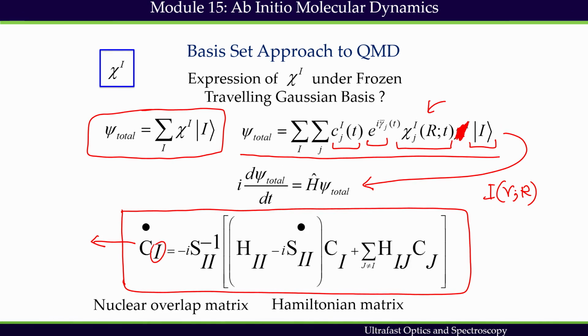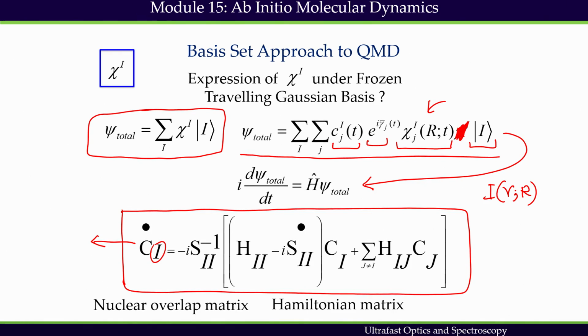As a unique nuclear wave function is associated with each electronic state, qualitatively different nuclear dynamics can be allowed on different electronic states. Once we insert these expressions into the time dependent Schrodinger equation, a set of coupled equations for the temporal evolution of the coefficients of the trajectory basis functions of each electronic state is obtained.